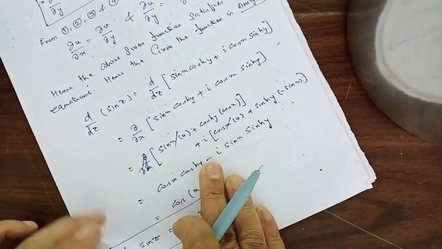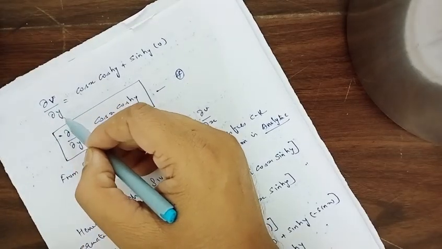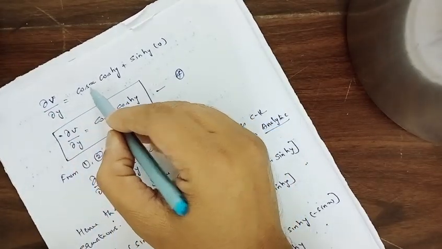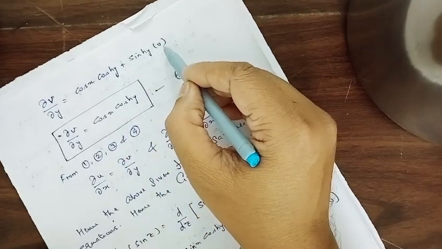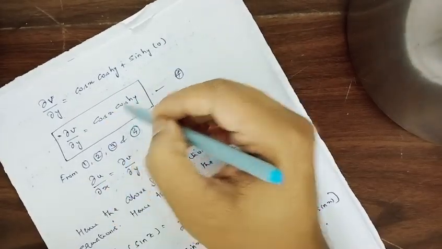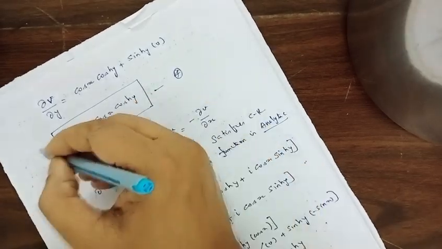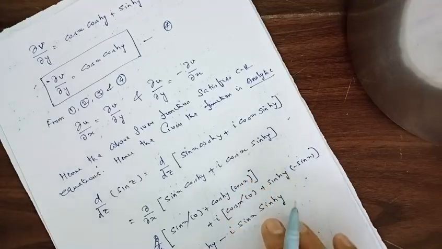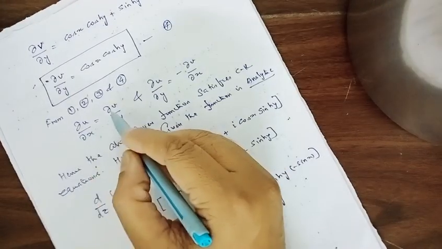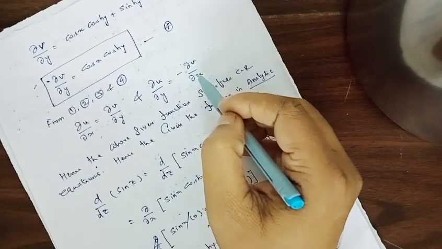Then you find dou v by dou y, that is cos x cosh y plus sinh y into 0, so dou v by dou y is cos x cosh y. So 4 equations we got. From these 4 equations, it is proved that dou u by dou x is equal to dou v by dou y, and dou u by dou y is equal to minus dou v by dou x.